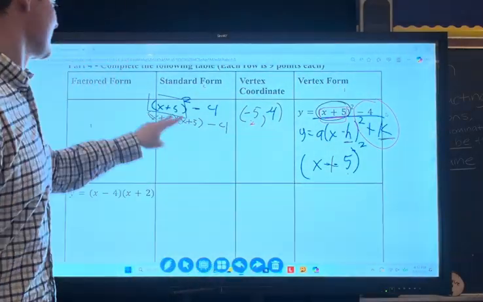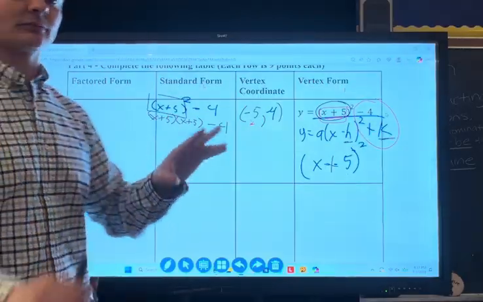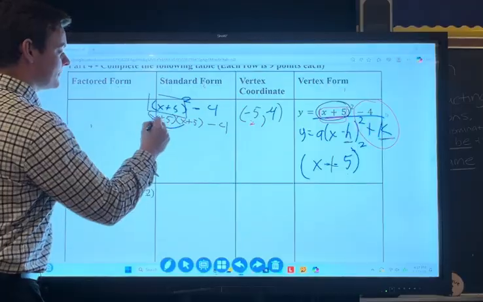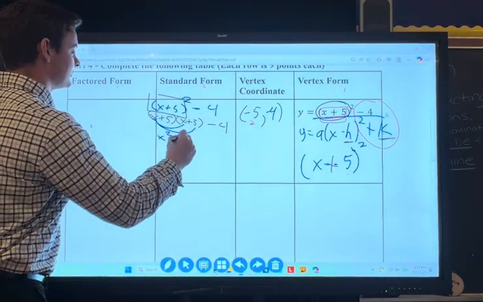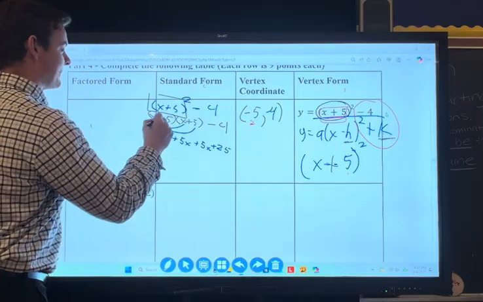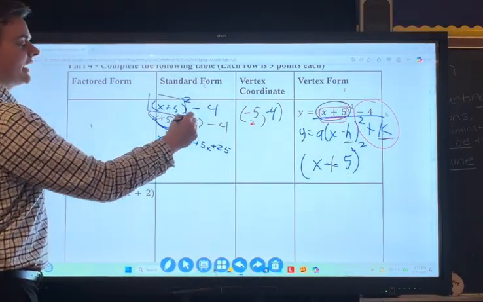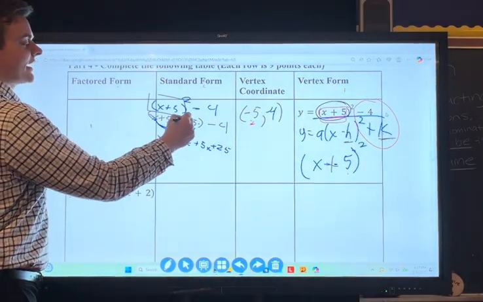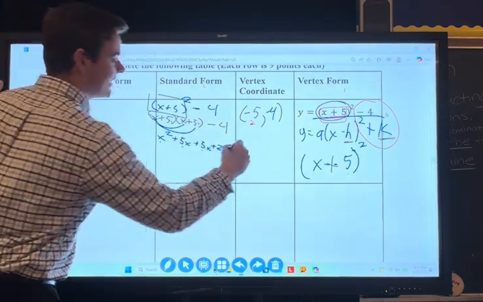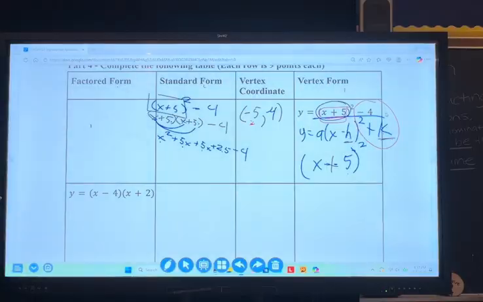All I did was write x plus 5 twice. Now, I'm going to double distribute this or box method, whichever way you like, it does not matter. And I get that because x times x is x squared, x times 5 is 5x, 5 times x is 5x, 5 times 5 is 25, and I don't forget the minus 4.